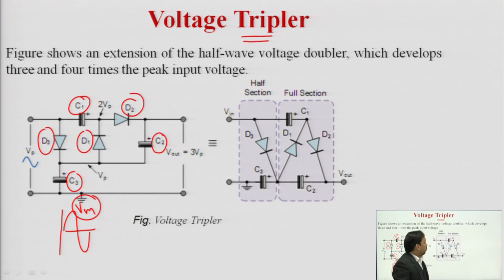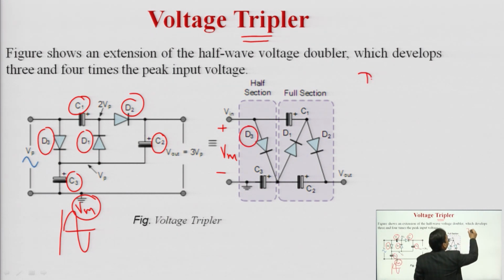Now we will see how the circuit works. If we apply some voltage Vm at these input terminals, we can say that this diode D3 is conducting.